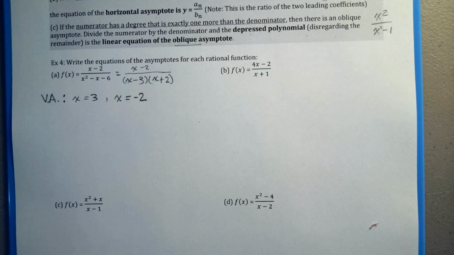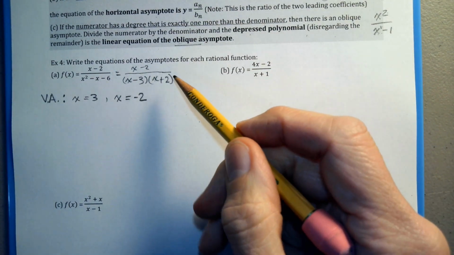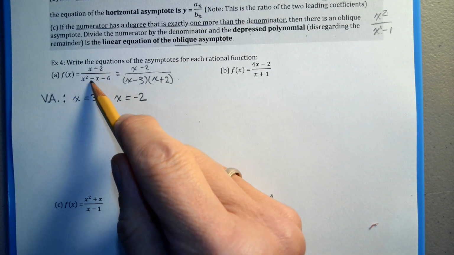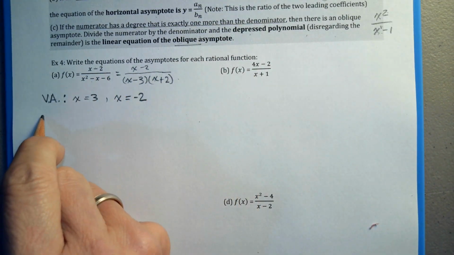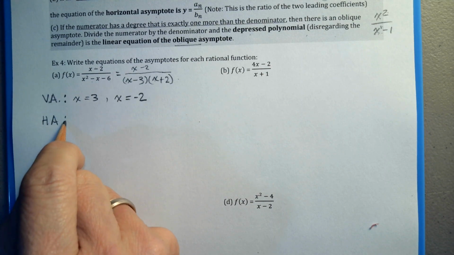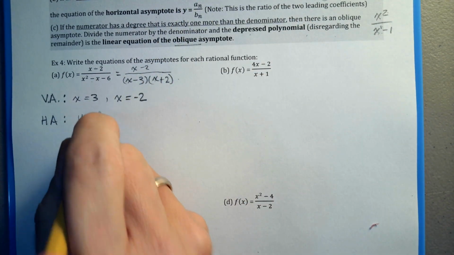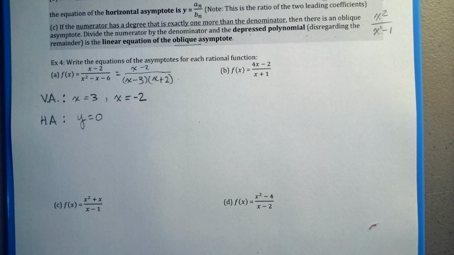And then horizontal. Okay, so which case do we have? Case A, B, or C here. The degree upstairs is smaller than the degree downstairs. So our horizontal asymptote, according to case A, is y = 0. Which makes sense.